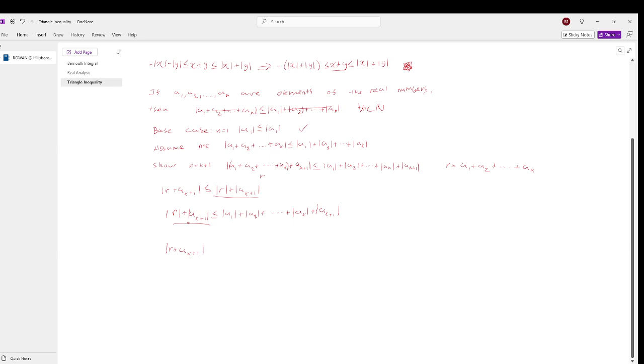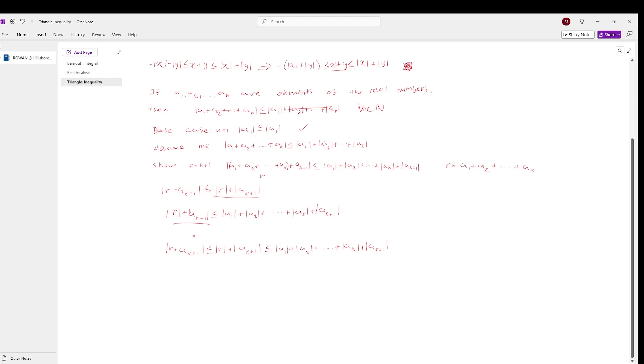Combining this all together, this is less than or equal to the absolute value of r plus the absolute value of a sub k plus 1, and that's less than or equal to the absolute value of a sub 1 plus the absolute value of a sub 2 plus dot dot dot plus the absolute value of a sub k plus the absolute value of a sub k plus 1.